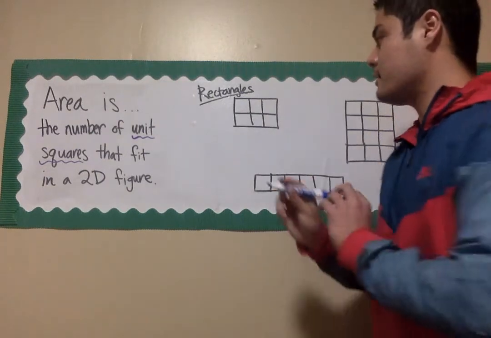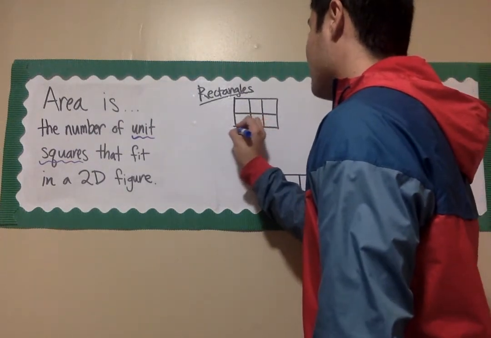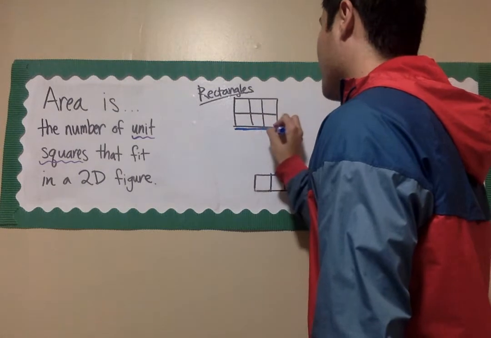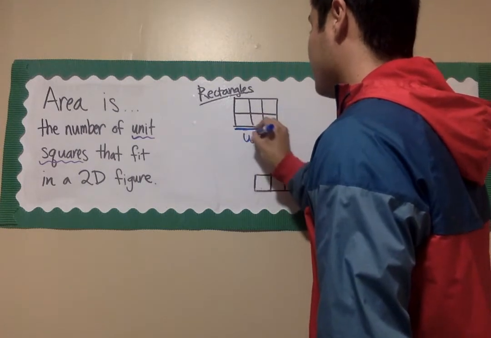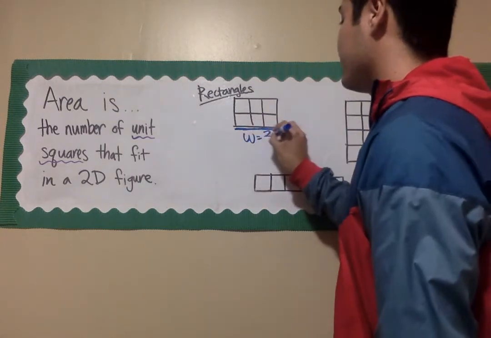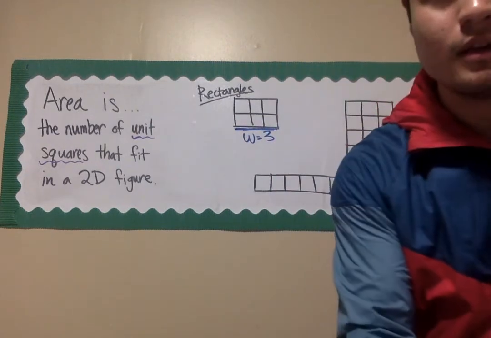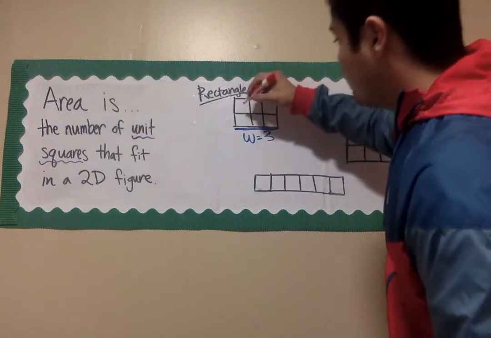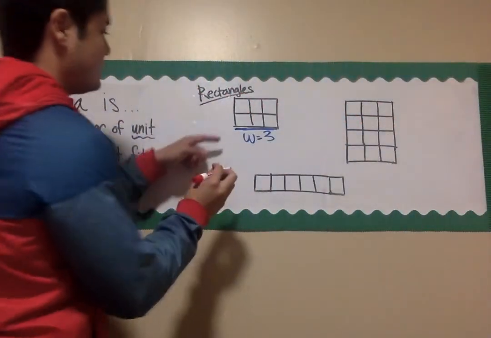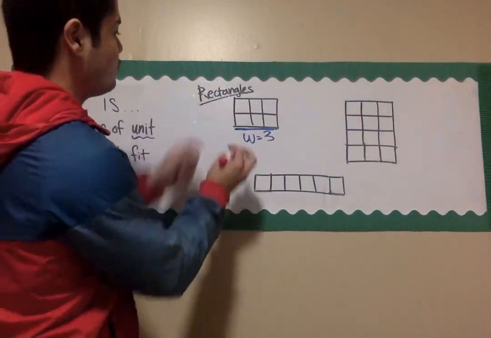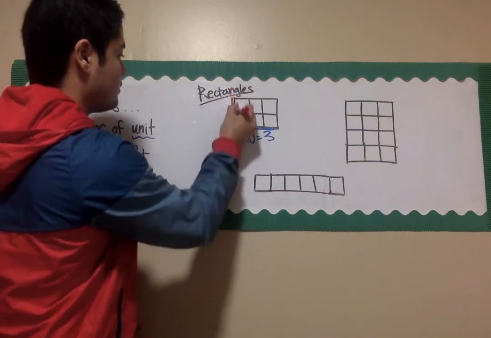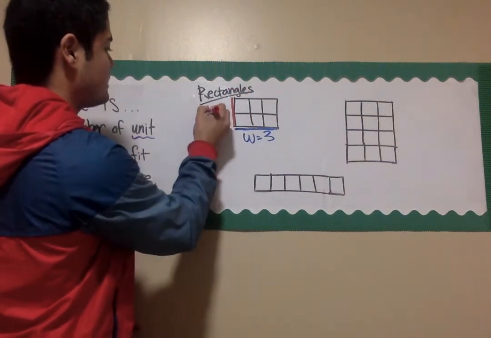So I'm going to take how many columns there are, the bottom, we can call that the width, and that equals 3. This is 3 squares long. We also know that, so we have 3 columns, we have 2 rows. We'll call this the length.